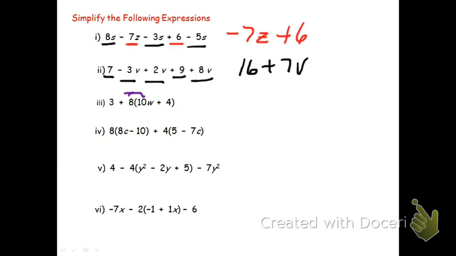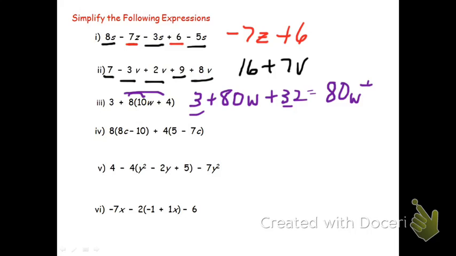So I've got to multiply both these by 8. So I still have my 3 out front, plus 8 times 10W is 80W, and 8 times 4 is 32. Combining like terms then, I combine the 3 and the 32, so my final answer looks like this. I'm going to put my W first, so I have 80W plus 35.